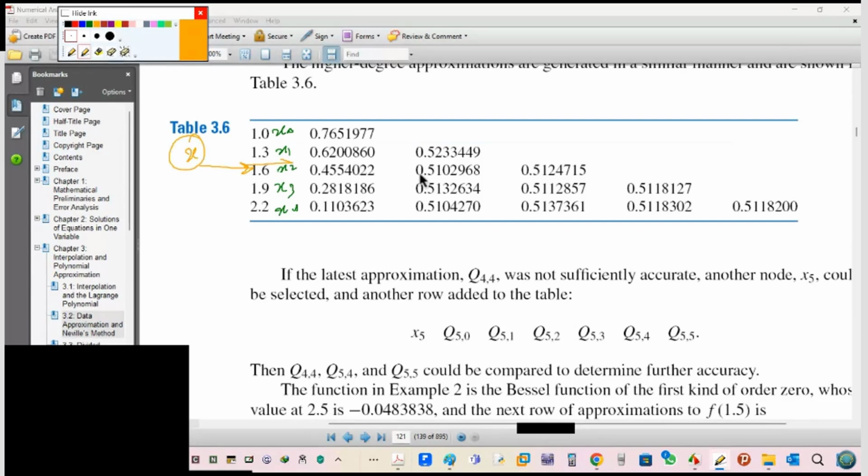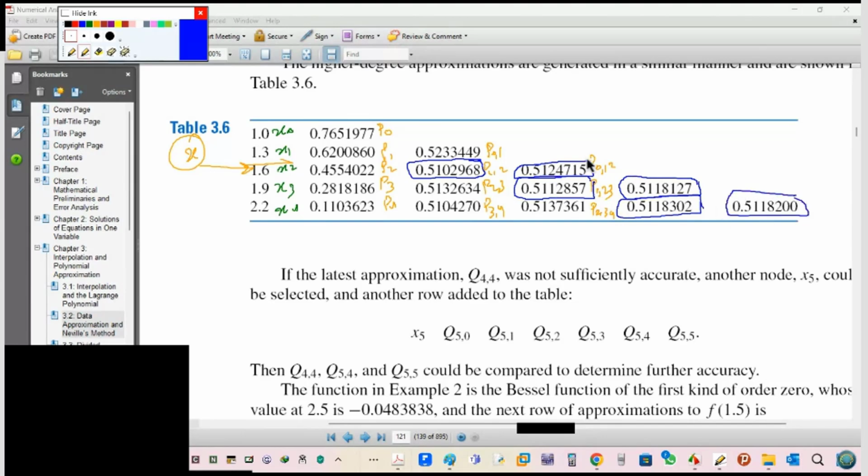So B01, B0, B1, B2, B3, B4, B01, B12, B23, B34, B012, B123, B234, and this will continue. So if I want, for example, B12, this is the value. For the second one, this or this, so see the values. For another one, this is the value. And this is the fourth one. So let's read the values for each one.